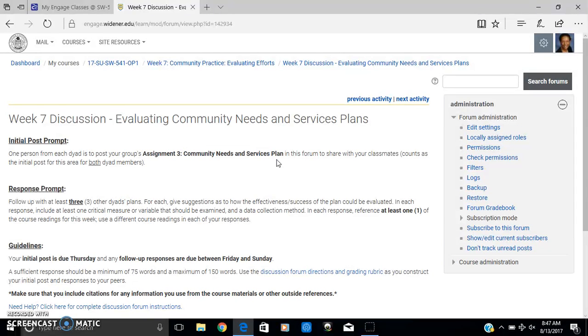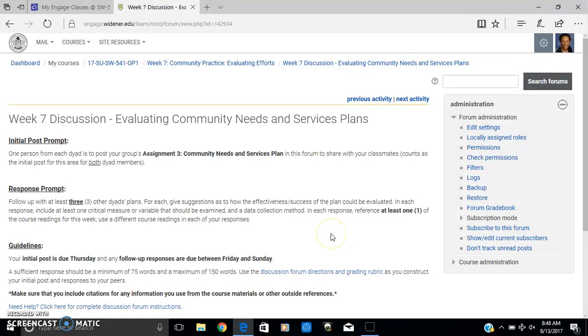So you're to post that paper that you did for week 6, and then follow up with at least 3 other dyad plans. For each, give suggestions as to how the effectiveness and success of the plan could be evaluated. So this time we're focusing specifically on evaluation.